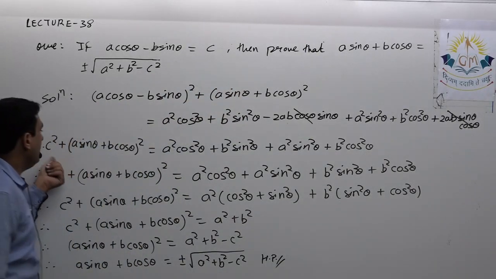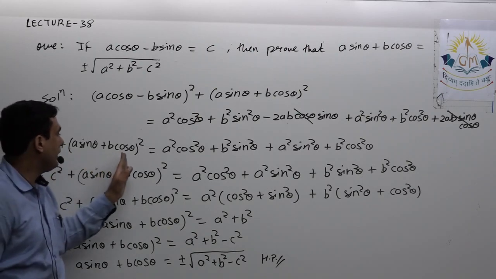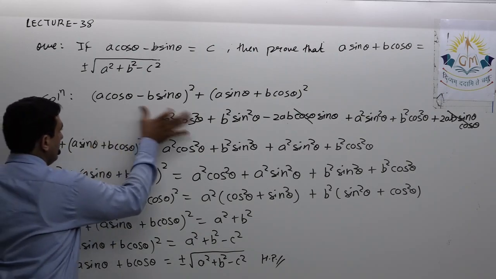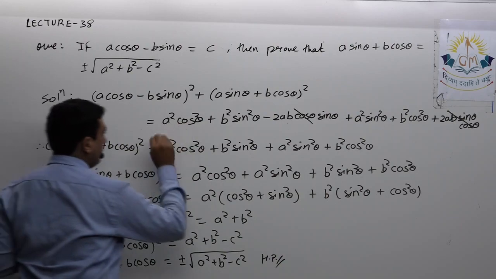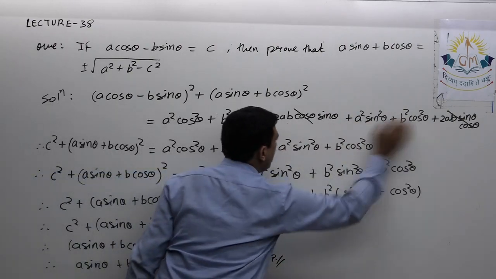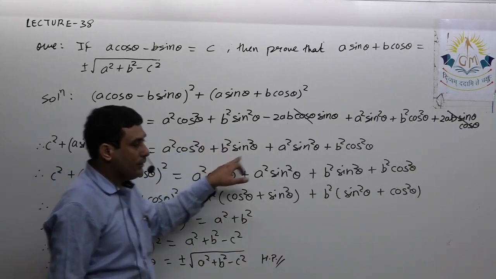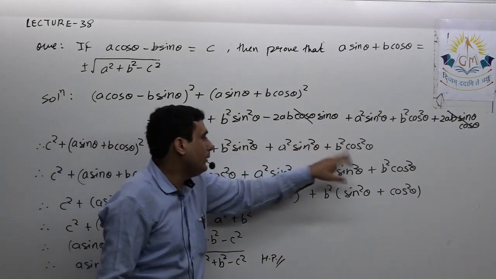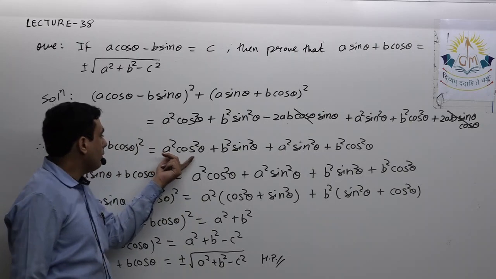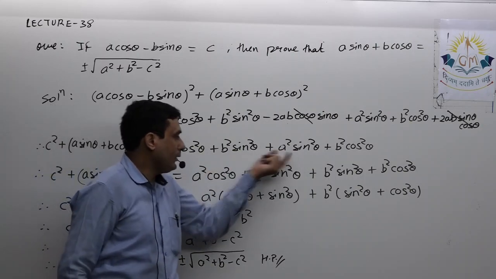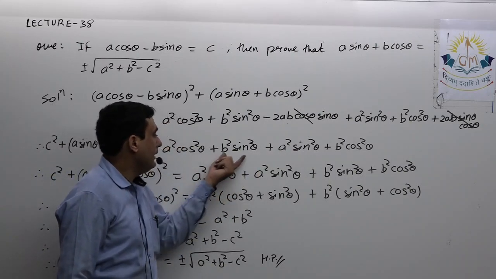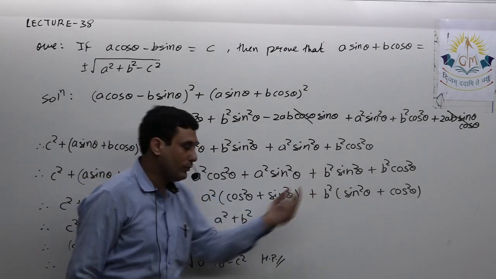So I kept that c, so c square. On the right hand side, I cancel these two terms and I am left with a cos square theta, b sin square theta, a sin square theta, b cos square theta. Then I took two terms containing a square altogether, then the remaining two terms containing b square.